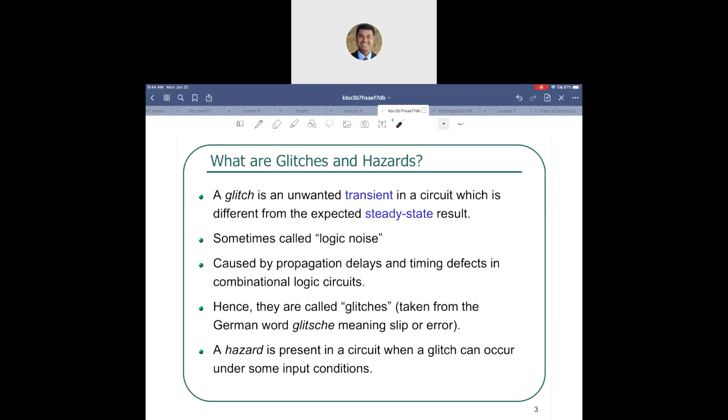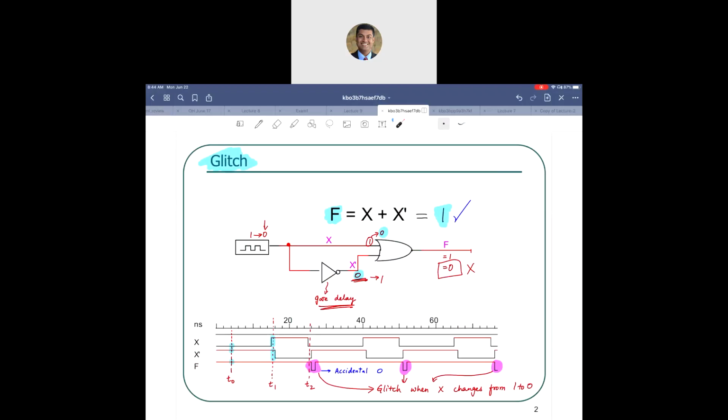Now, I hope that you are questioning this, right? Why is he saying it could happen? Well, the glitch could happen because x could go from 1 to 0. But x is a user input. So if the user says, I will have it at 0 and I will never change it, then glitch will never happen.